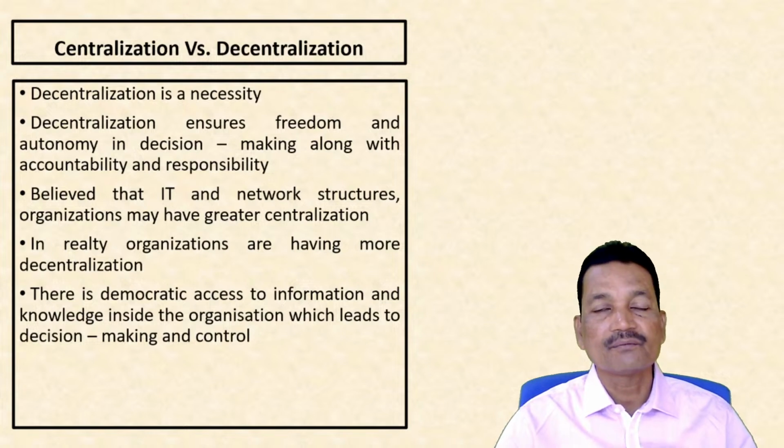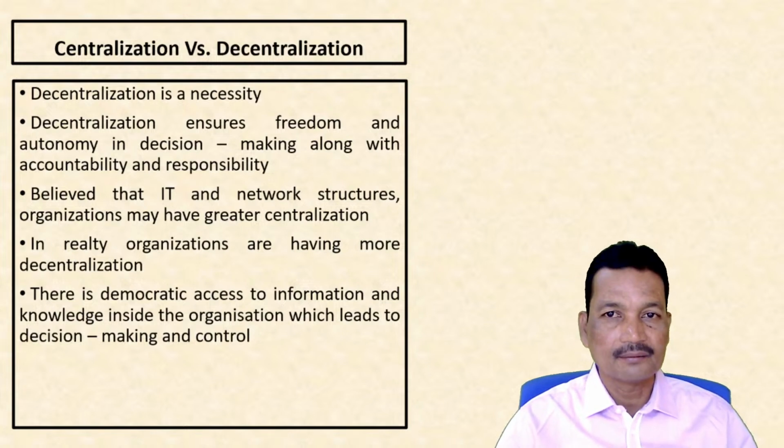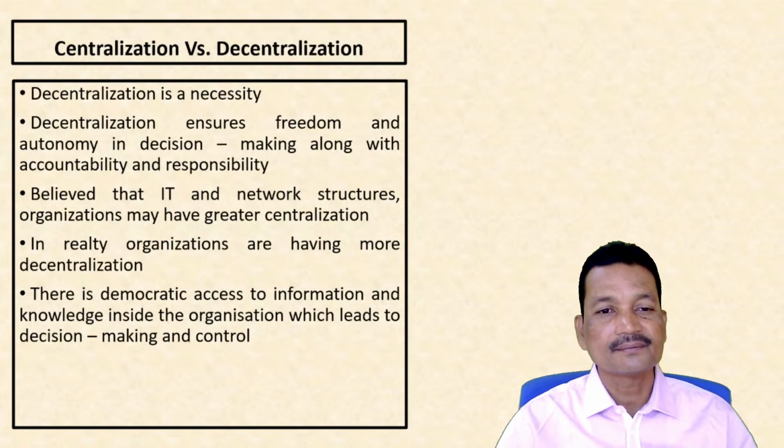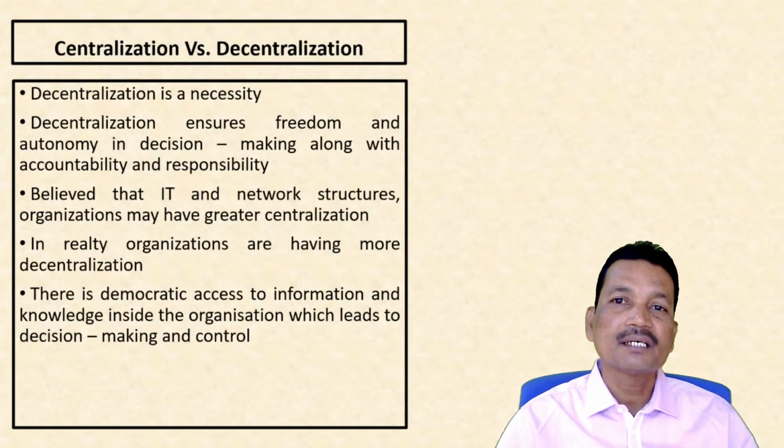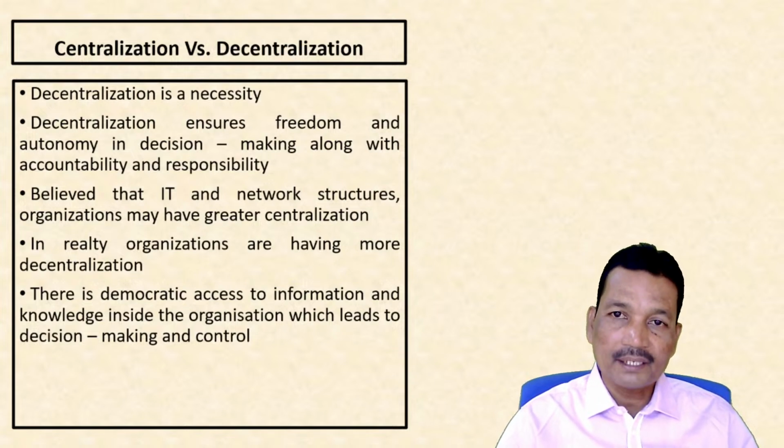But the information gets so big that in real practice it is not centralization, but it becomes decentralization. Why?